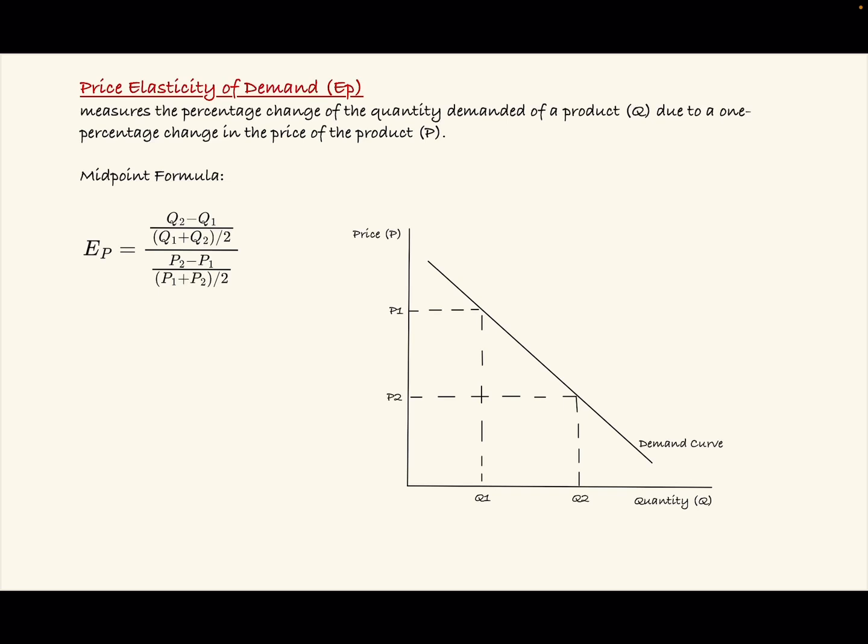Now, to calculate price elasticity of demand, we calculate (Q2 minus Q1) over ((Q1 plus Q2) over 2), all divided by (P2 minus P1) over ((P1 plus P2) over 2).